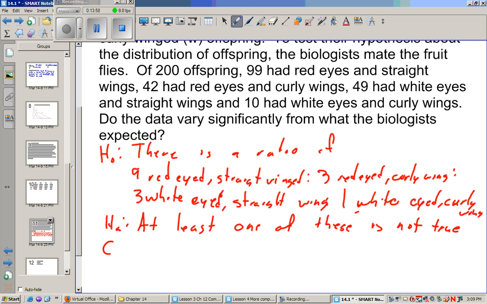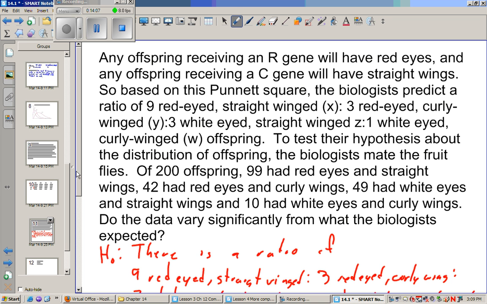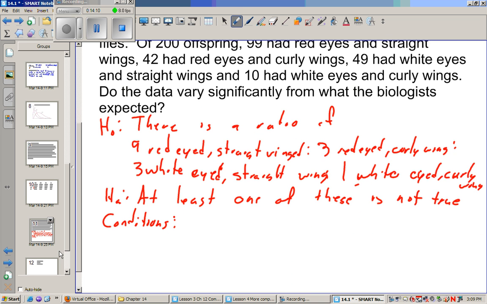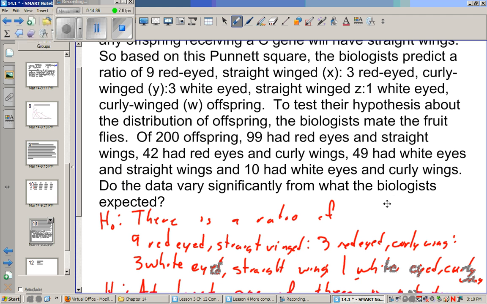All right, so let's check the conditions. It doesn't say anything about a random sample. And let's look at the expected counts. If there's 200, it would be 9 to 3 to 3 to 1.